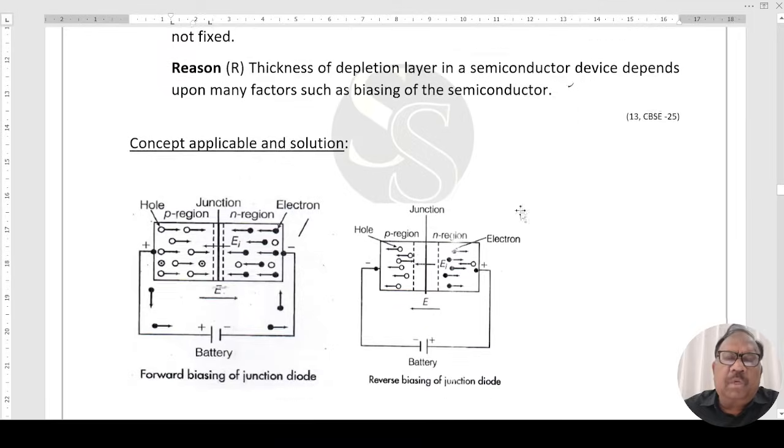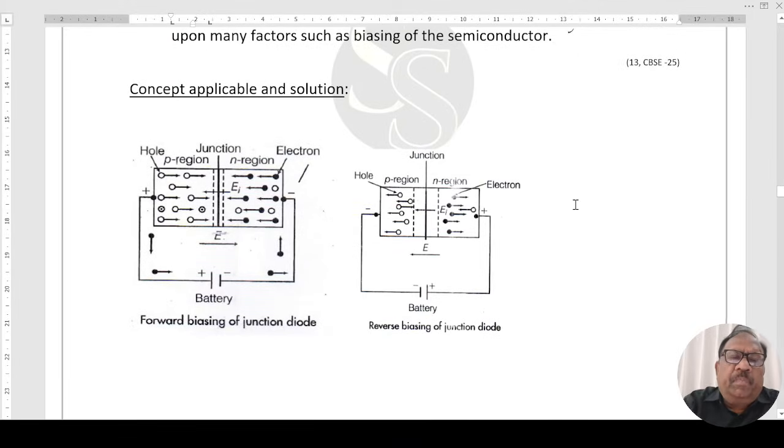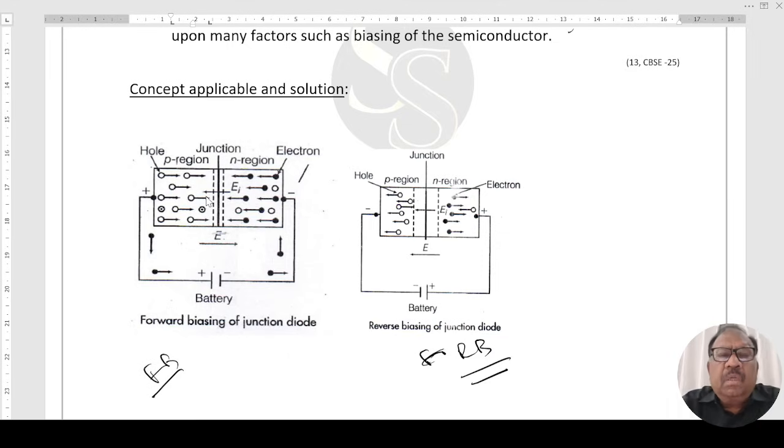Before concluding the answer, this is a PN junction diode in forward biasing, and this is also in forward, this is in reverse biasing. This is the depletion region. Depletion region decreases in forward biasing and increases in reverse biasing.